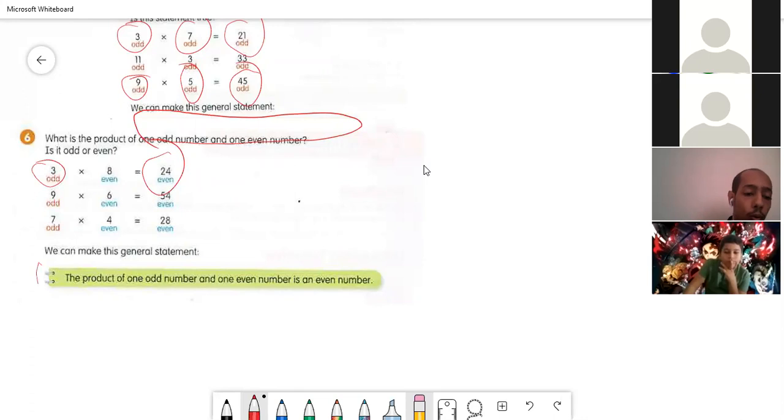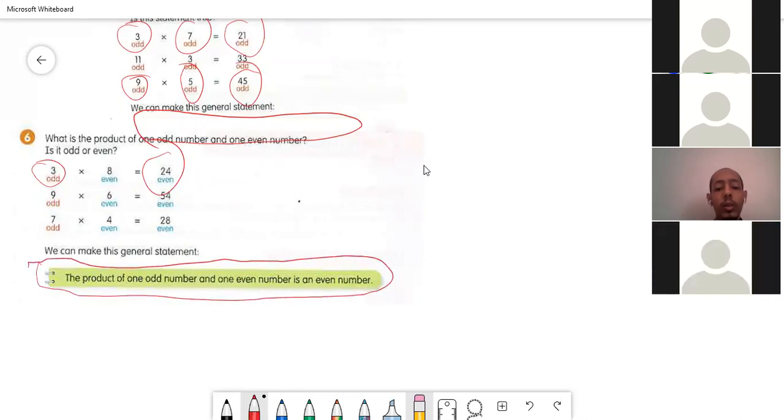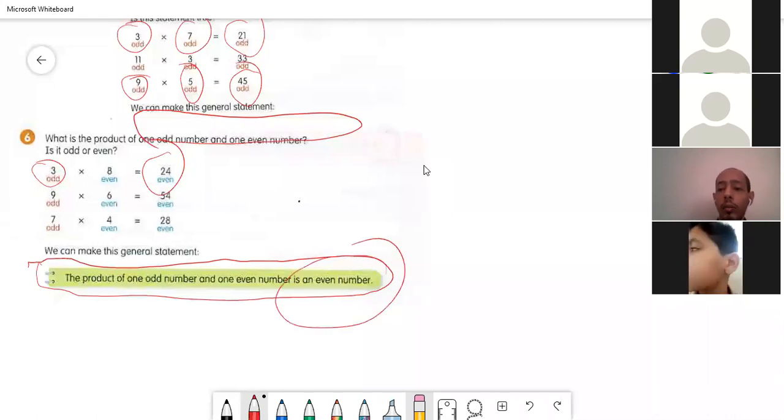So the product of an odd number and an even number is always going to be an even number. Okay? Another example is 7 times 4. The product of 7 and 4. 7 is odd, 4 is even. The answer is 28, which is even.